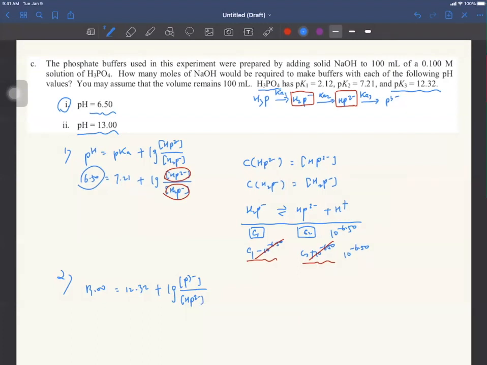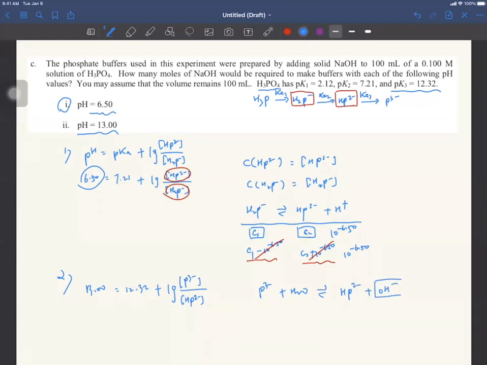In this case, we should use PO4 3 minus reacting with water to get HPO4 2 minus and hydroxide.